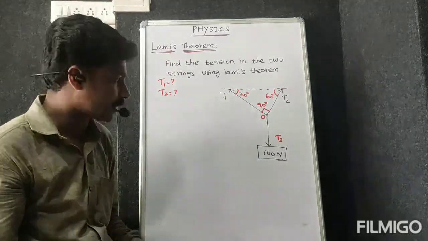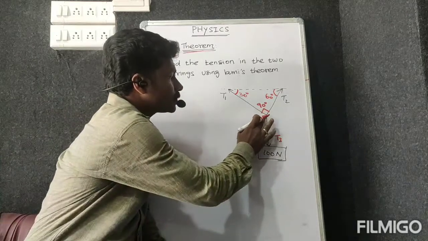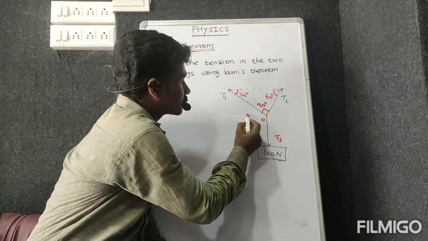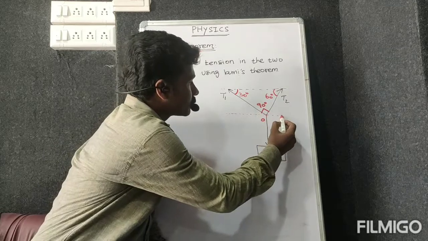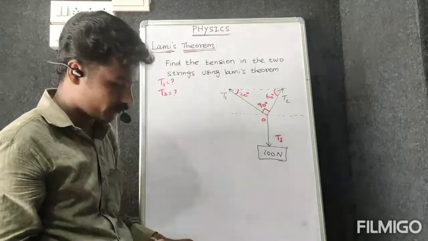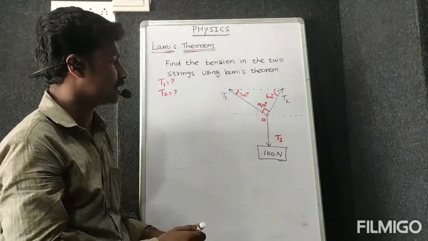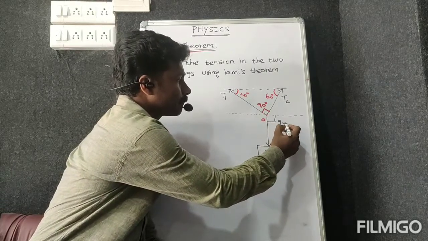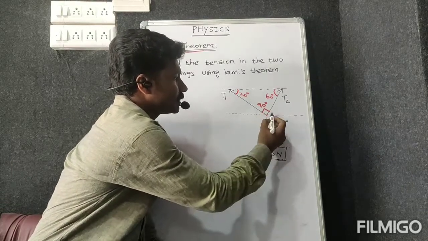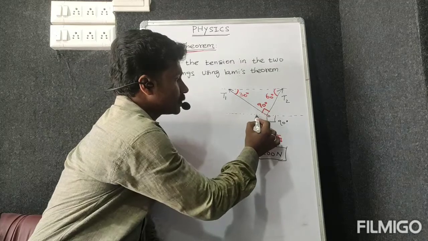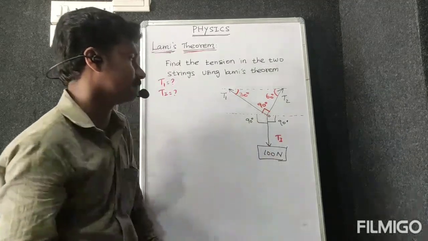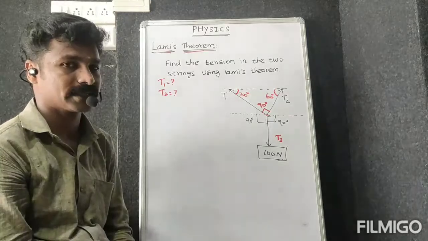Then if you observe this equilibrium point, just divide like this. If you divide, we get 90 degrees here, like that, at point O. Here also we get 90 degrees.